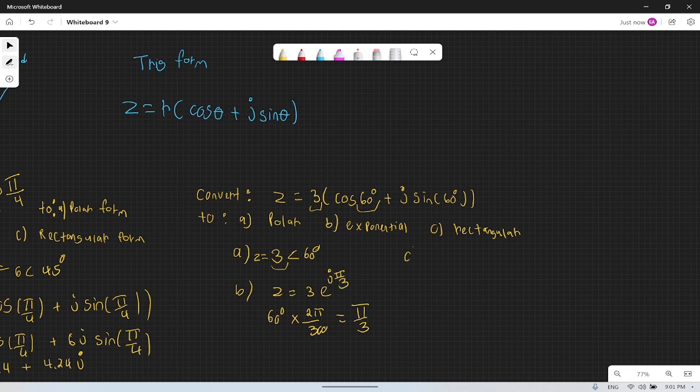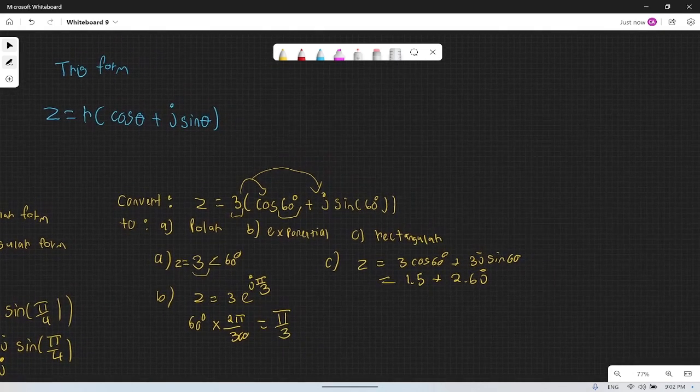Now rectangular, we just multiply it in, so we have z equals 3 cos 60 plus j sine 60. This gives us 1.5 plus 2.6j.